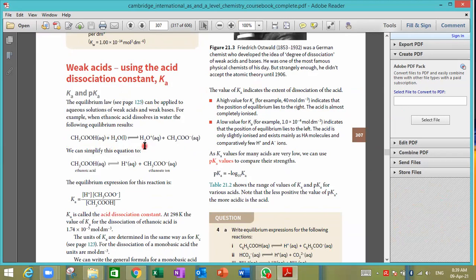Or else, in a more simplified equation, we write that the ethanoic acid at equilibrium gives hydrogen ion plus ethanoate ion. The equilibrium arrows mean that ethanoic acid partially ionizes. It means that a very small amount of it ionizes to give hydrogen ions plus ethanoate ions.